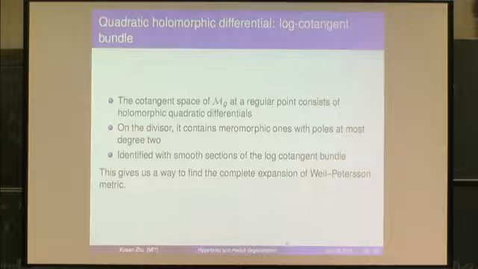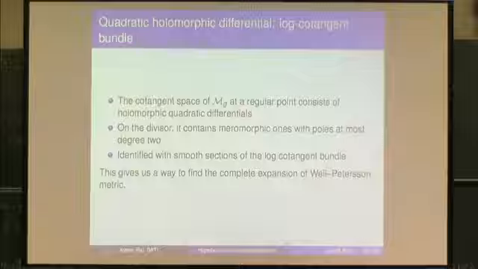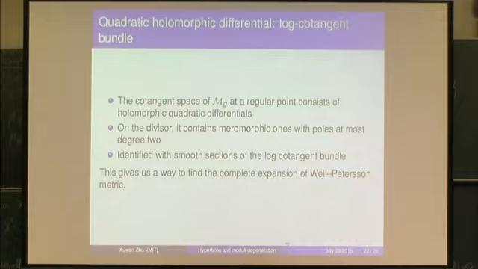And on a divisor, meaning on a pair of nodes, it contains meromorphic quadratic differentials with poles of degree at most 2. So what we want to do is identify it with a geometry which is a log cotangent bundle.